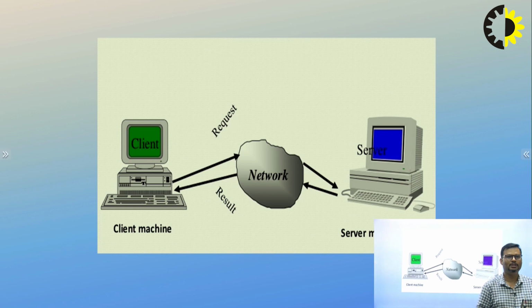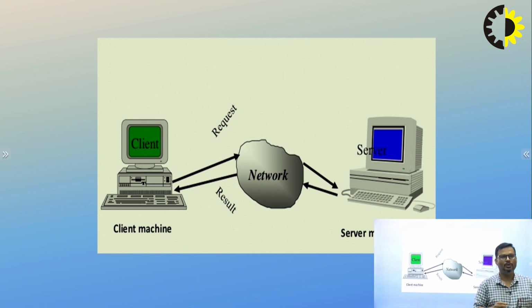Suppose the server also says hi. This is a request and response, because if the request and response happen in a proper manner, it is also called a handshaking method and also called the client server architecture method.